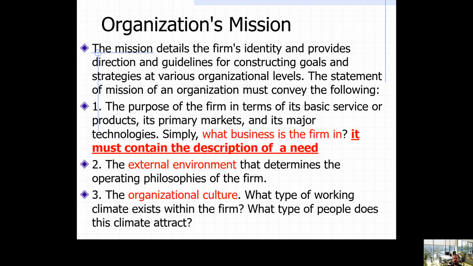For example, when a lady goes to a beauty salon, she goes there not only to make her hair shorter. No, she is going there to be more beautiful.